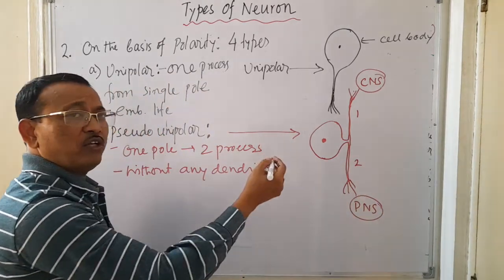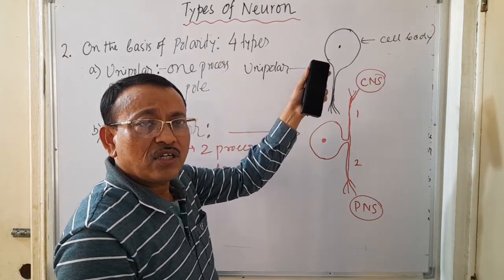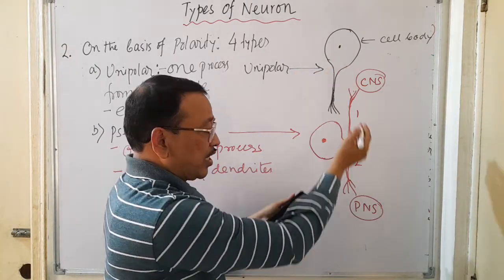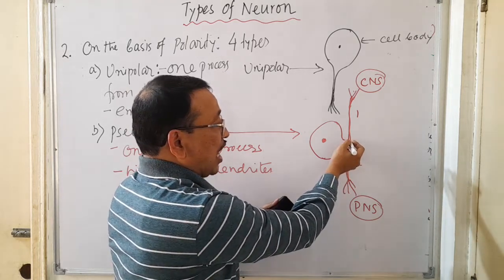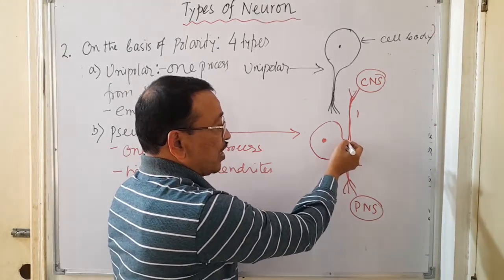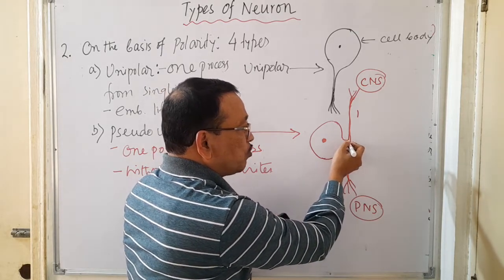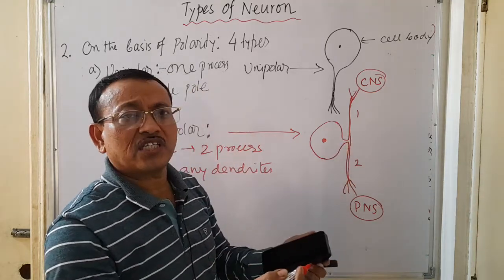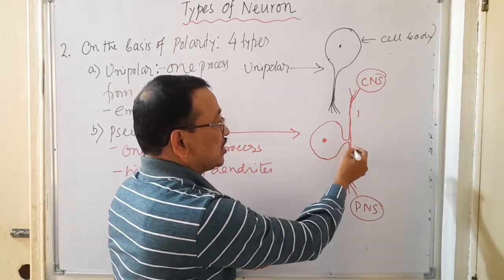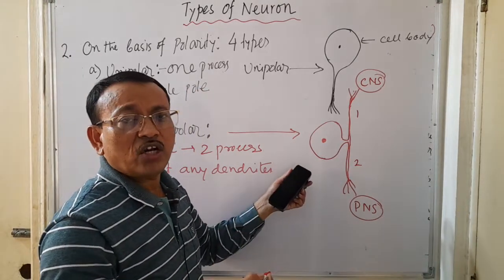And why is it pseudo unipolar? Actually, two branches are there. One goes to the central nervous system, another goes to the peripheral nervous system, and both branches originate from a single part very close to the cell, and thereby it gives a false impression that the two branches originate from two parts of the cell body or the soma.